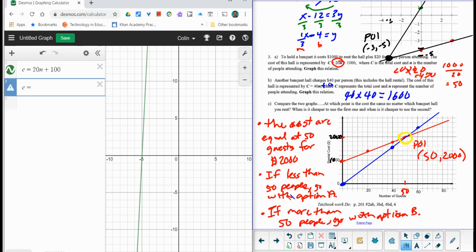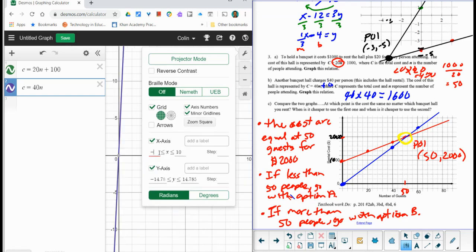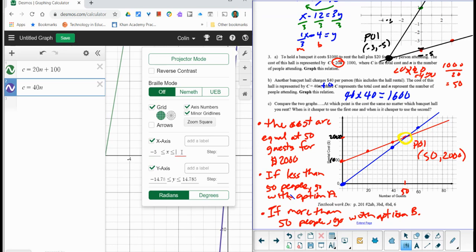C equals. Again, we don't get anything out of this. So what we do is we go here. Okay, and you want to have your x-axis start at basically, I would go -5 just so you can see a little bit of the border. And how far do we want to go on our x-axis?